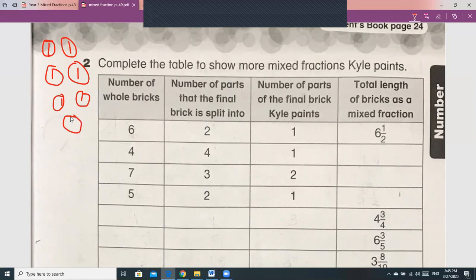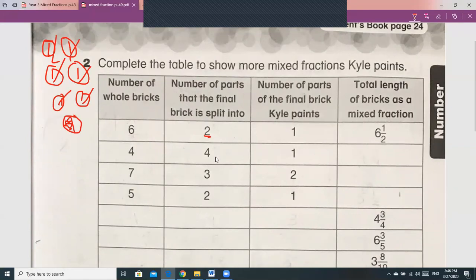He split the last one into 2 parts. Number of parts of the final brick Kyle paints means 1. From the last one, he colored 1. So 6, 1, 2, 3, 4, 5, 6 and a half. So he colored 6 and a half.